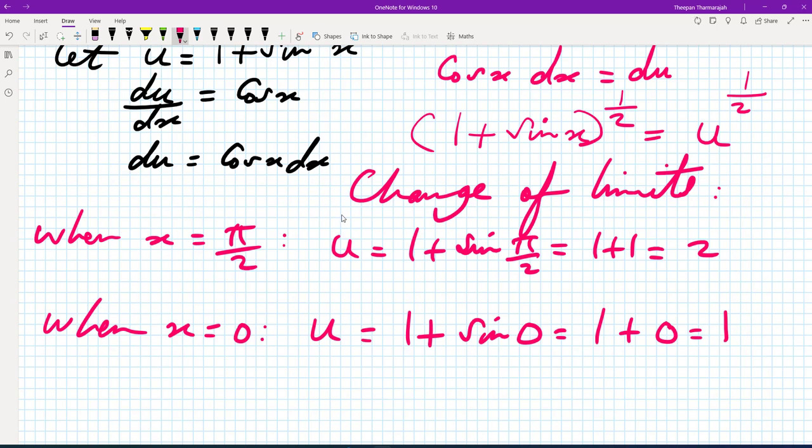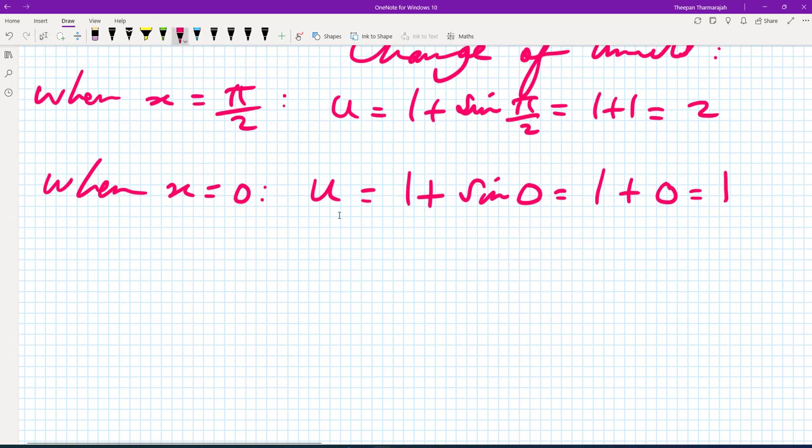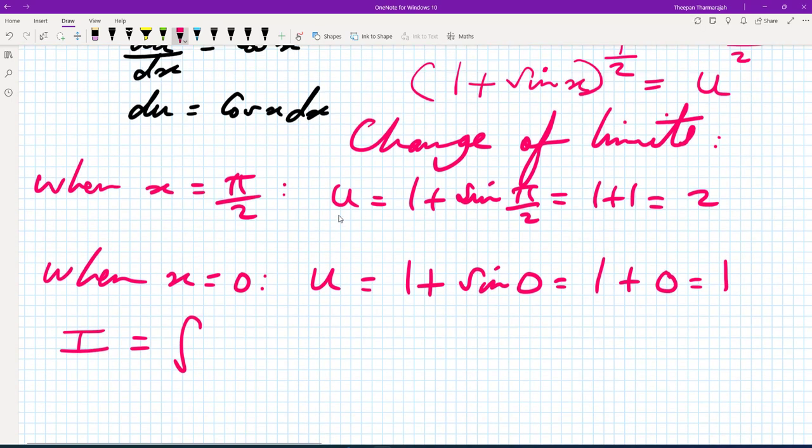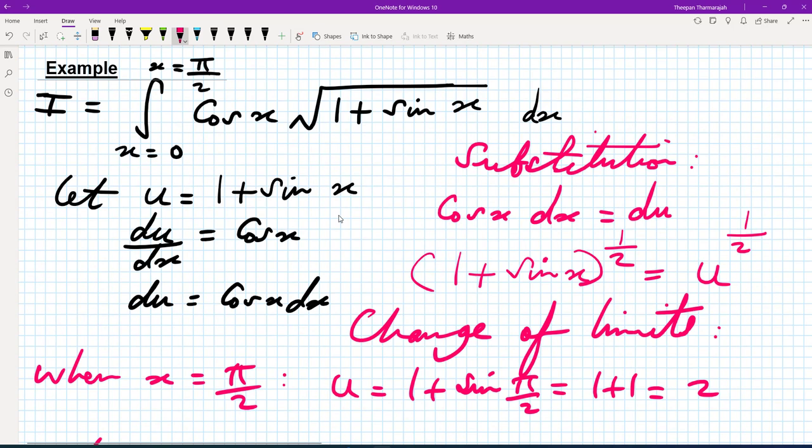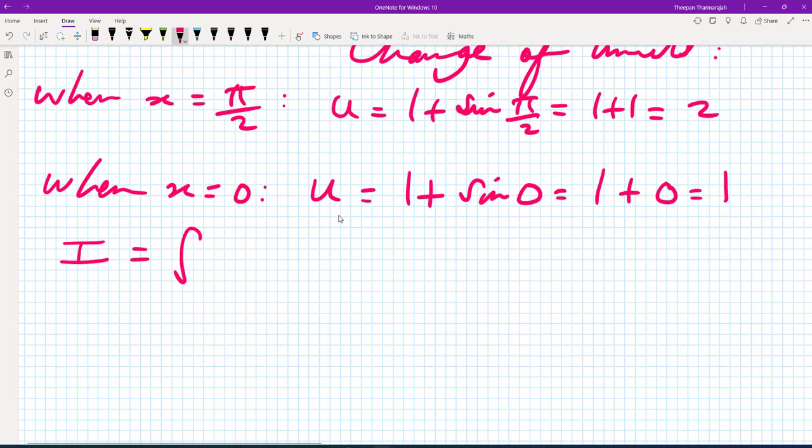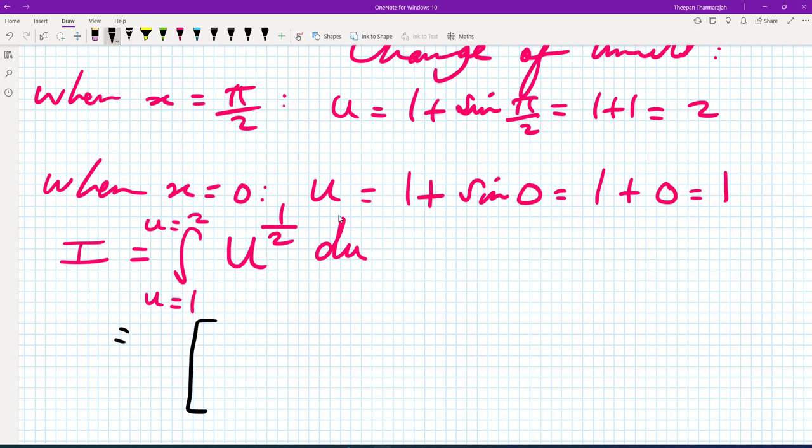So now our integral becomes, if we go back to our question, the square root of 1 plus sine x replaced with u to the power of a half, and cos x dx replaced with du. So we get the integral of u to the power of a half du, but now with the new limits of u equals 2 and u equals 1. When we integrate that, we get u to the power 3 over 2 divided by 3 over 2, between the limits of 2 and 1.